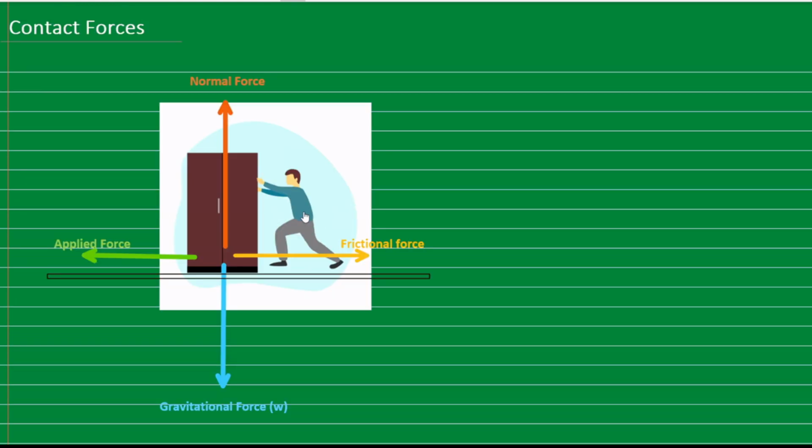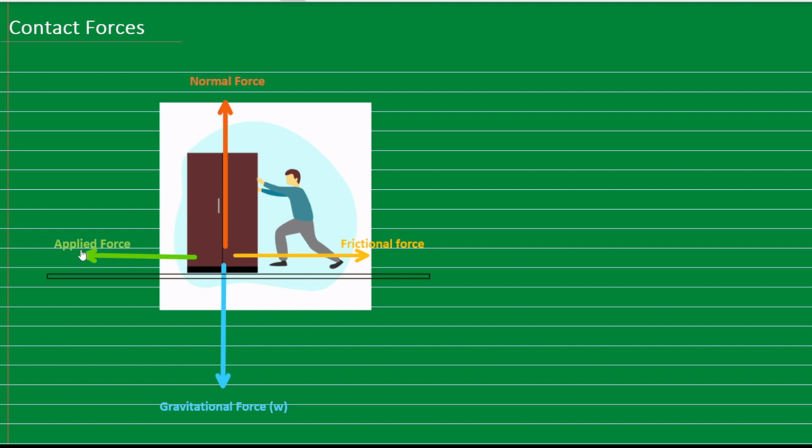Looking at the common forces, of course we've got one non-contact force here, which is gravitational force, but most of the forces that we will get are contact forces. We have an individual who is trying to push the cupboard to the left in this case.